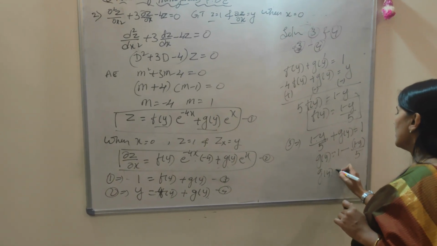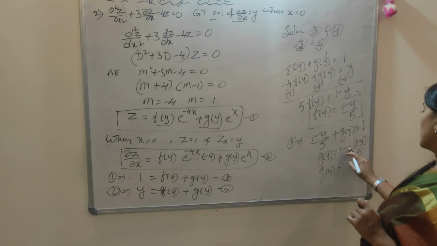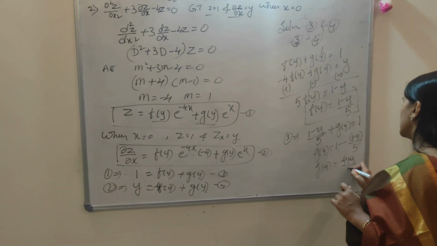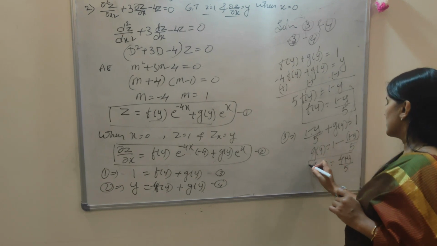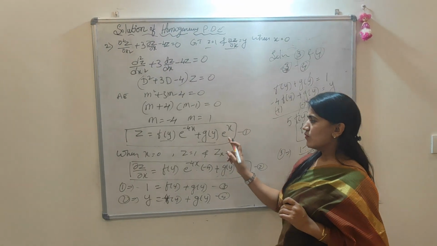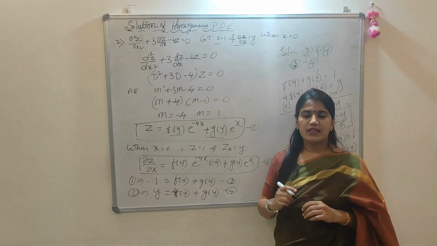Taking LCM 5, five ones are 5, 5 − 1 is 4, and minus into minus is plus, so g(y) = (4 + y)/5. Now put f(y) and g(y) in equation 1. That is our solution. Yes, thank you.